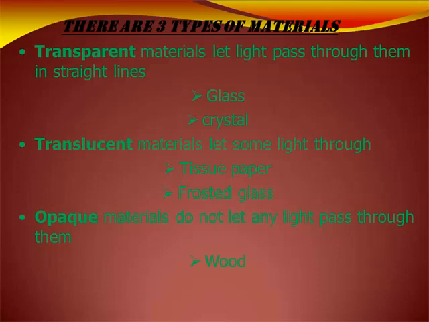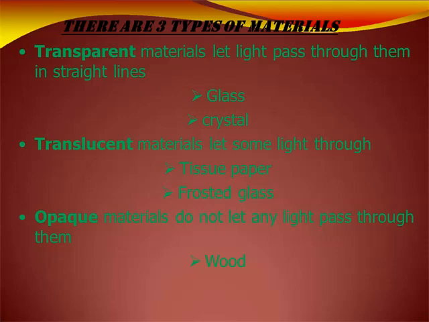If you keep a tissue paper and put on the torch, the light will pass, but in a very small amount, not as in a transparent material. Then we have frosted glasses, mostly used in bathrooms or other places where privacy is kept. So this was the example of translucent material.